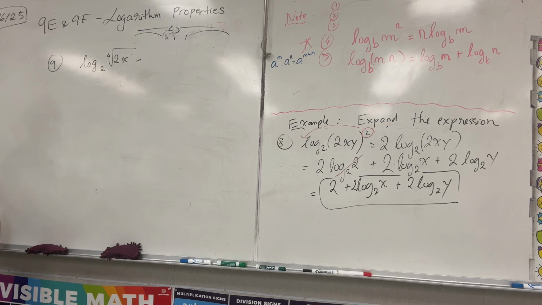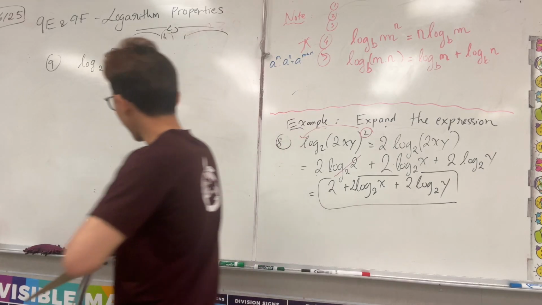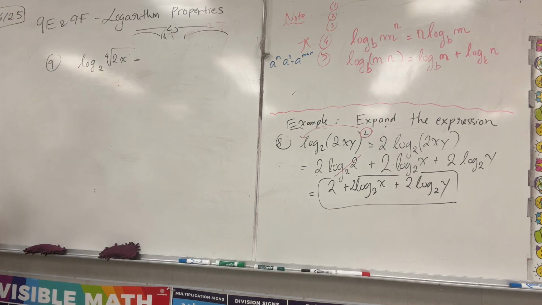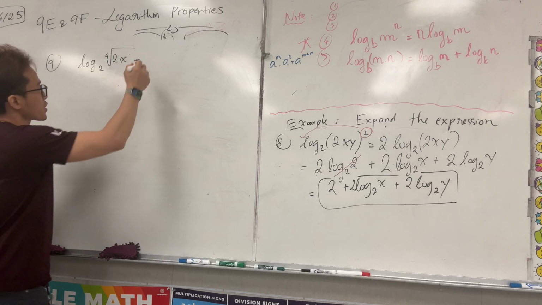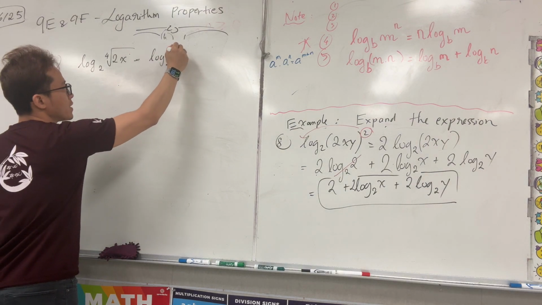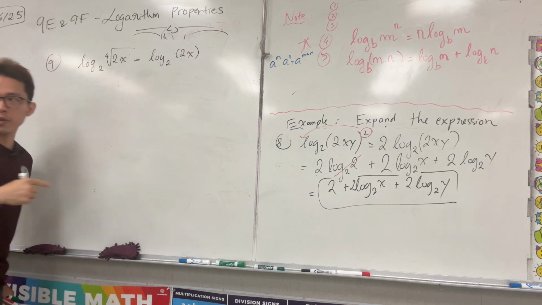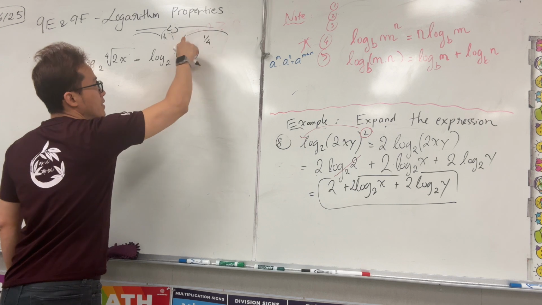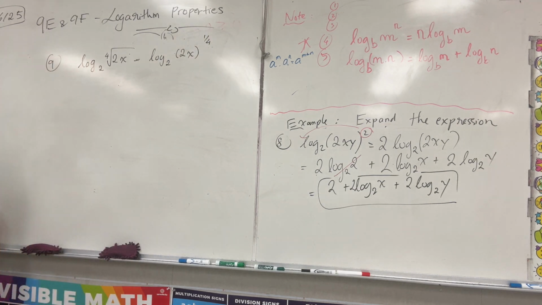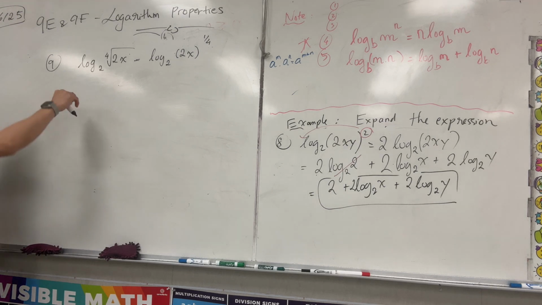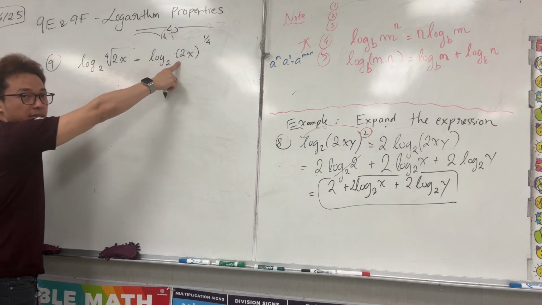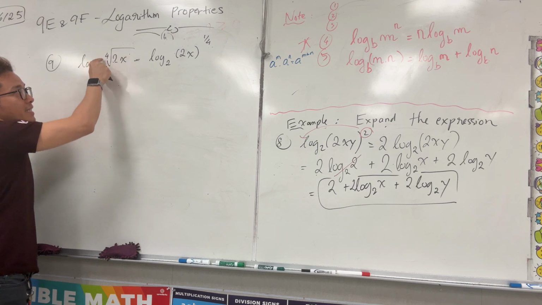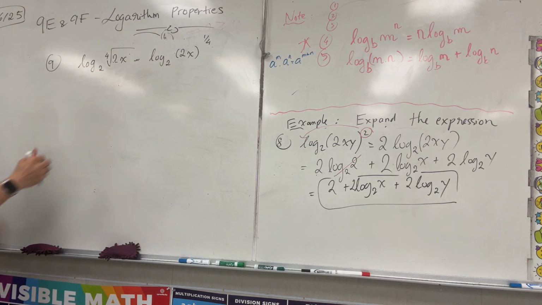All right, try by yourself and raise your hand when you're done. Okay, so first you need to change the radical into exponential, right? So log base 2 of 2x, to the power 1/4. The fourth root is 1/4, but you need to have the parentheses, because this whole thing is inside the fourth root.